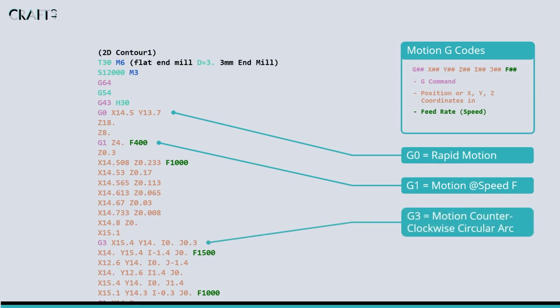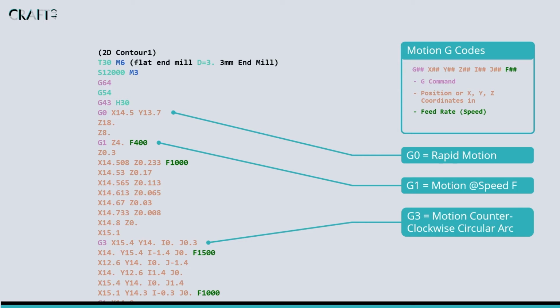And finally, the G3 is an arc motion. Next, each command has a coordinate value, defining their motion using X, Y, and Z values for linear motions, or with the addition of an extra I and J value, which are used to define the motion in an arc as called for in the G3 command.